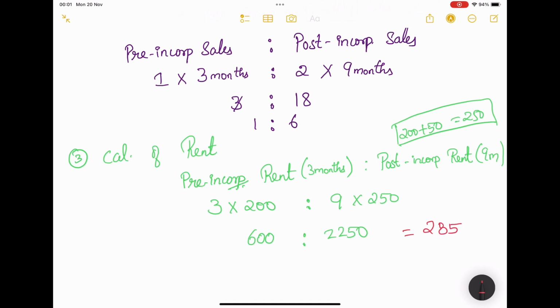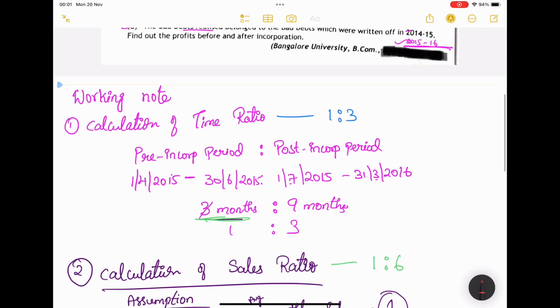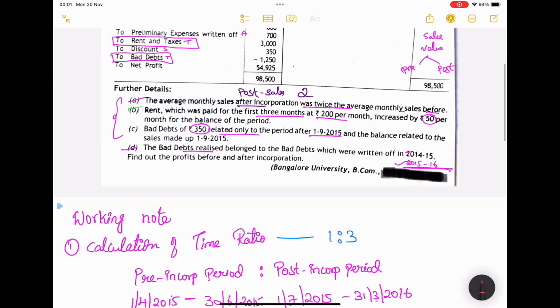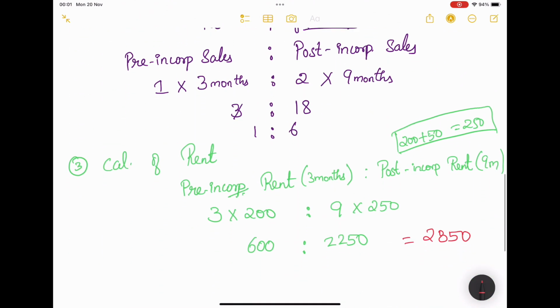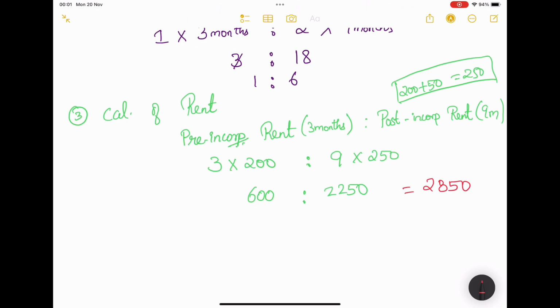Check in the question, the rent value is how much? 3000. How much are we having here? 2850, which means 3000 minus 2850 is the rent and rate in the question, no? So the remaining is 150.